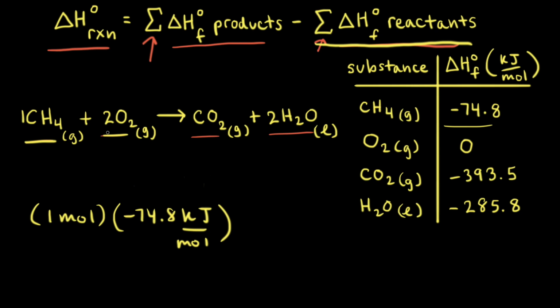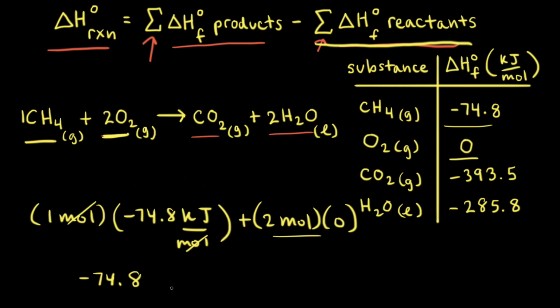Our other reactant is oxygen, and we know that diatomic oxygen gas has a standard enthalpy of formation of 0. So we could go ahead and write this in just to show it. So we have 2 moles of oxygen, but we're multiplying that number by 0. So moles cancel and give us negative 74.8 kilojoules, and we're adding 0 to that. So negative 74.8 kilojoules is the sum of all the standard enthalpies of formation of our reactants.